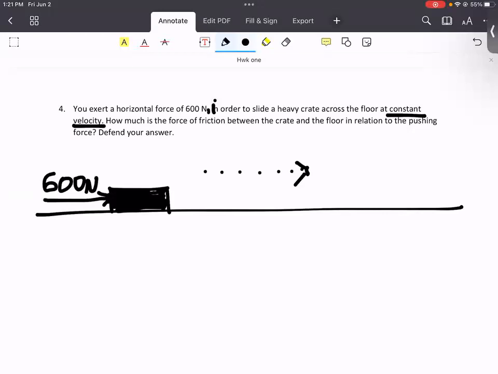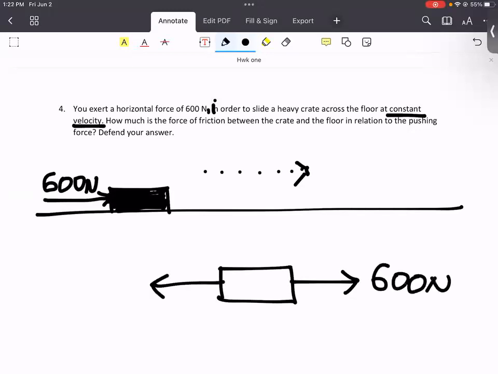Balanced forces means that your force diagram will look like this. This is the object. This could be the pushing force, and the frictional force will be acting here. If this is 600 newtons, this must also be 600 newtons in order to achieve the constant velocity situation. So the frictional force is also 600 newtons.